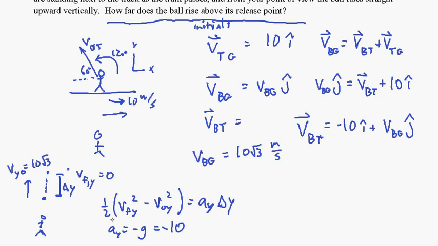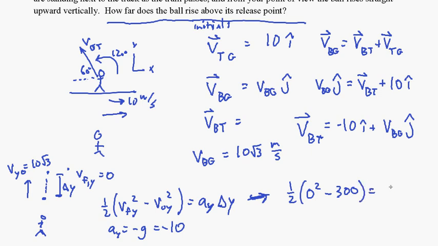Okay, so v final y squared is 0. So let me just take this whole thing forward. 0 squared minus v naught y, which is 10 root 3. Now plugging it in there and squaring it. This is where keeping the radical comes in handy, because then 10 root 3 squared is just 100 times 3, so 300.